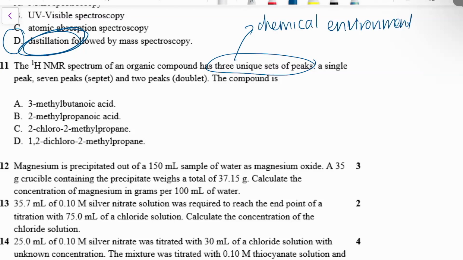And then the splitting tells you what? How many neighbors. So if it's a singlet, how many neighbors? 0 neighbors. If it's a septet, how many neighbors? 6 neighbors. And if it's 2 peaks, how many? 1 neighbor. Good.